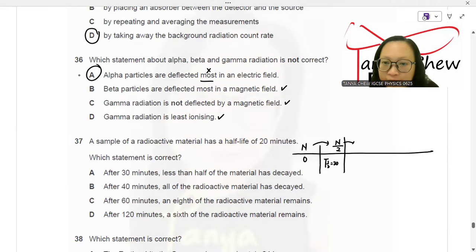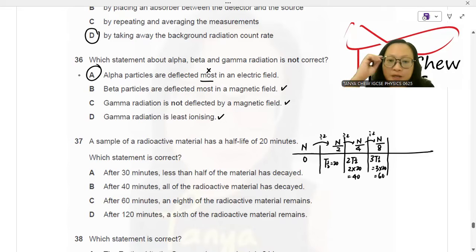After that, it would decay again to half, divide 2, and you get N over 4. This is 2 times the half-life, 40 minutes. Then N over 8 is 3 times the half-life, 3 times 20, which gives you 60 minutes.